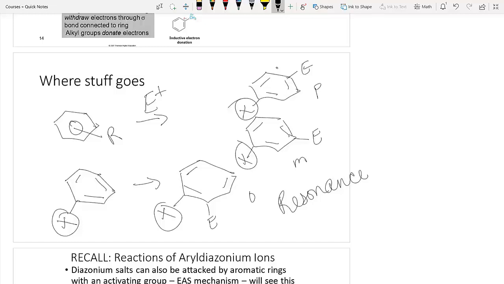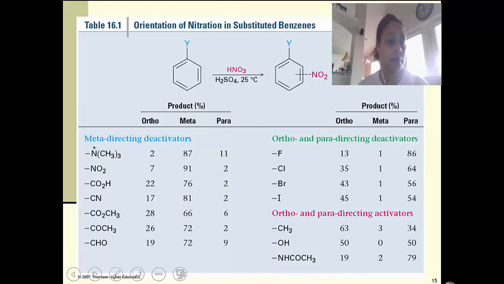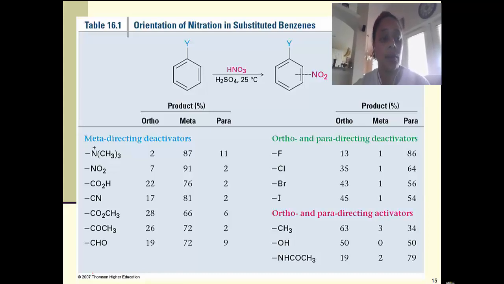So certain types of electron withdrawing or donating groups are going to affect this. If we look at the data for adding things, for example adding nitro groups, depending on the substituent we see variations in where things will go. When we have the electron donators, we get certain sets.